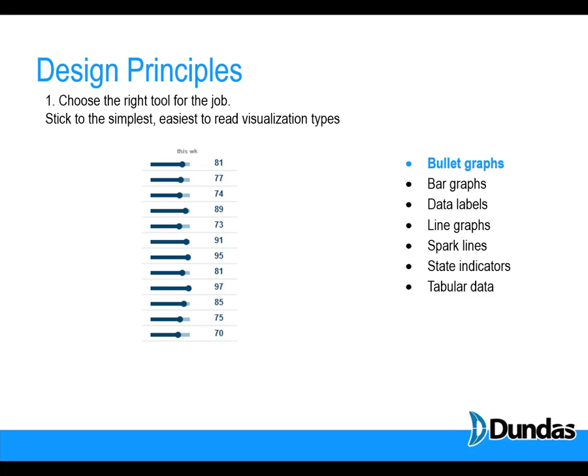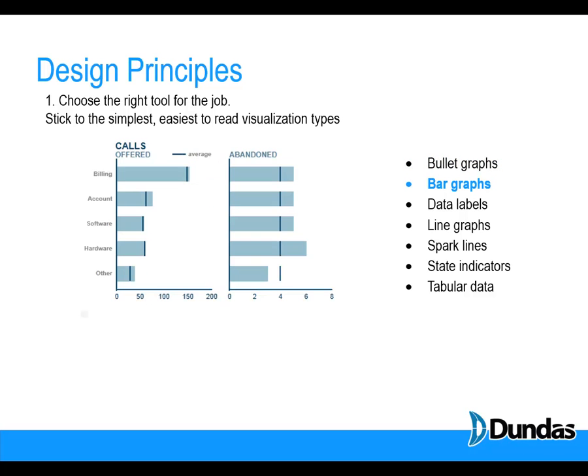So bullet graphs, I don't like radial gauges. They take up a lot of space. They're not super meaningful unless they're well configured. So if you're going to be showing an indicator, I tend to recommend sticking to bullet graphs, which I showed you on a previous slide. Bar graphs are a great way to compare items within a category.